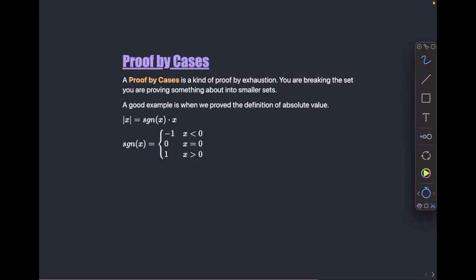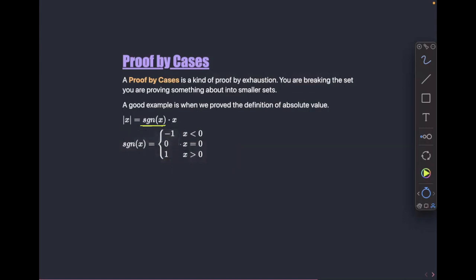An example we can do is proving the definition of absolute value. Remember the signum function we defined: if x is less than 0, we get -1; if x is 0, we get 0; and if x is greater than 0, we get +1. We can define the absolute value using that.